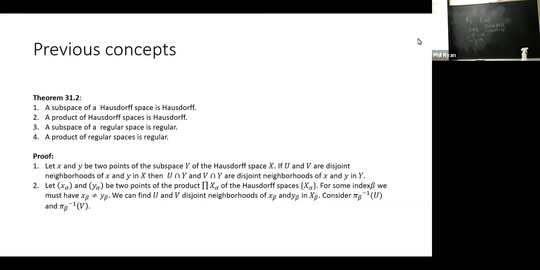Then if we just intersect U with the subspace and V with the subspace, that gives us disjoint neighborhoods of X and Y in the subspace. And of course, those sets are open in the subspace. The Hausdorffness is really quite nice.